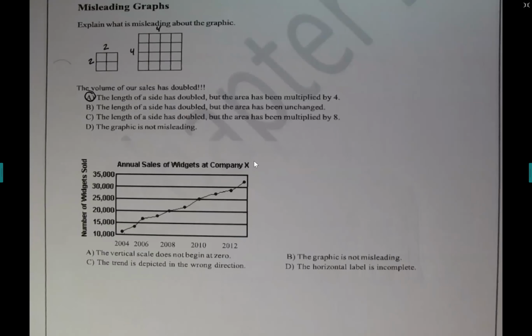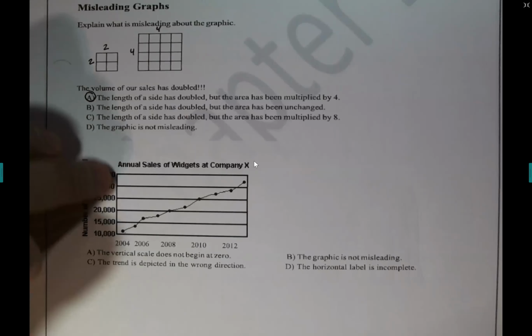When we do the axis, what should be this number right here? This is the origin. What should it be usually? When you do the axis here, the X and Y axis, we call this point the origin.